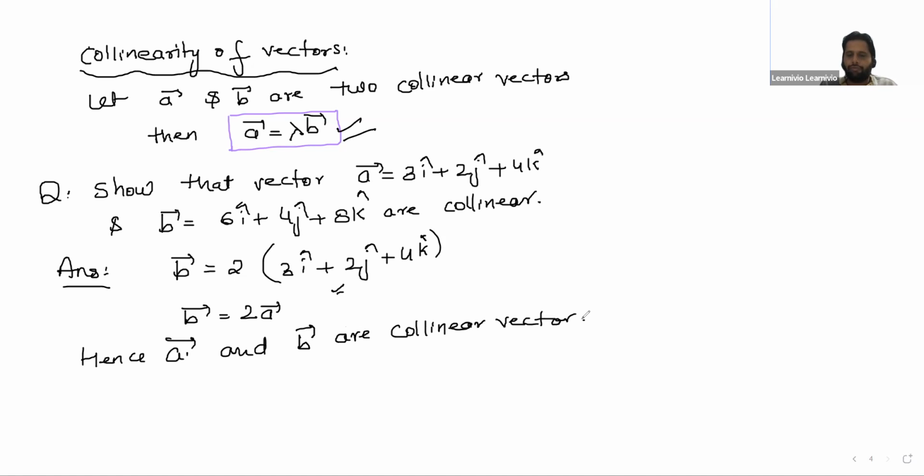I hope this is clear to everyone. So if two vectors are collinear, then you can write like this: B is equal to twice of A. Please note down this.